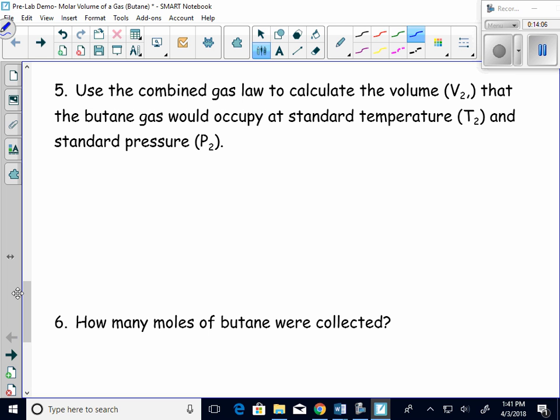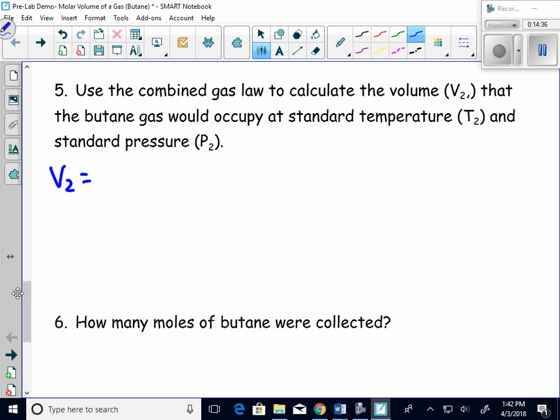Now, here's where we're getting into some of the good stuff. It says, use the combined gas law to calculate V2. Well, you had the whole combined gas law given to you, but I'm going to solve for V2.